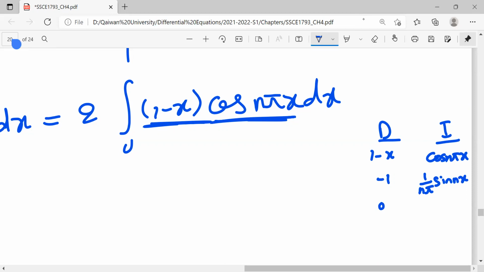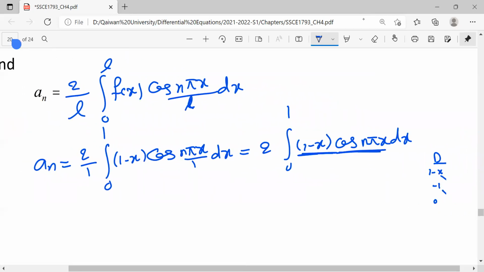Then under integration, we get minus 1 over n squared pi squared cosine n pi x, because the integration of sine is negative cosine, that's why we get this negative sign. We multiply these two, then we multiply these two, and then we add a negative sign to it.